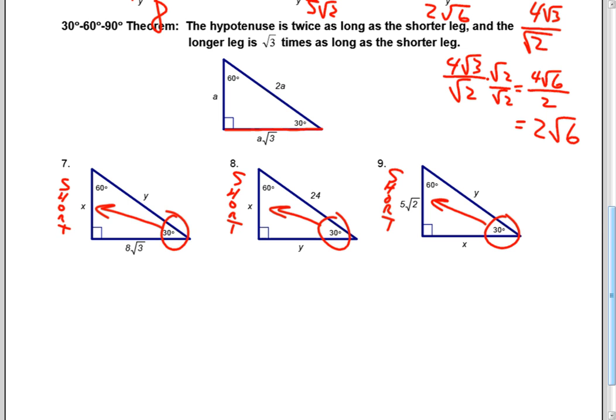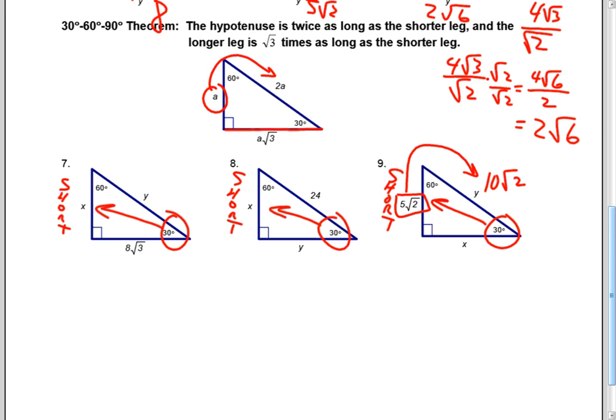If I know the short side, what should I do to it to find the hypotenuse? Multiply it by 2. It's like having this, and I want to get to this. Well, that just means I double how many radicals I have. Instead of 5 radical 2s, I have 10 radical 2s.